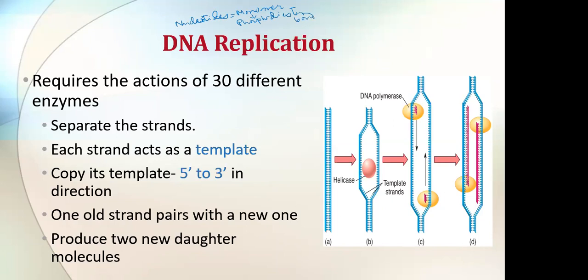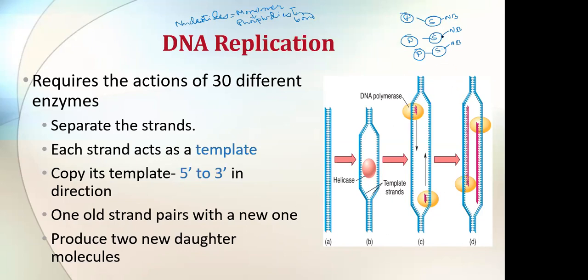Now what's the structure of a nucleotide? A nucleotide has a sugar, a nitrogenous base, and a phosphate. Over here again, sugar, nitrogenous base, and phosphate. Sugar, nitrogenous base, phosphate. These are three nucleotides.